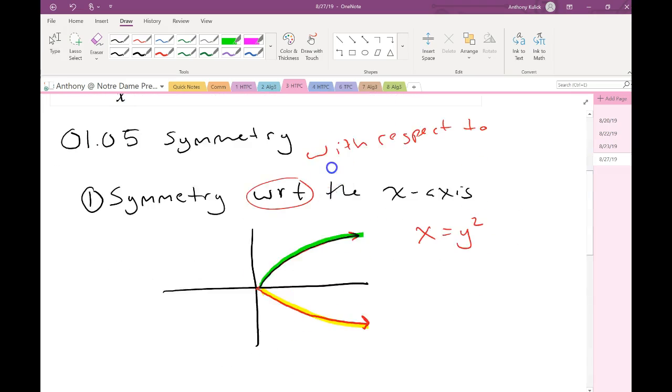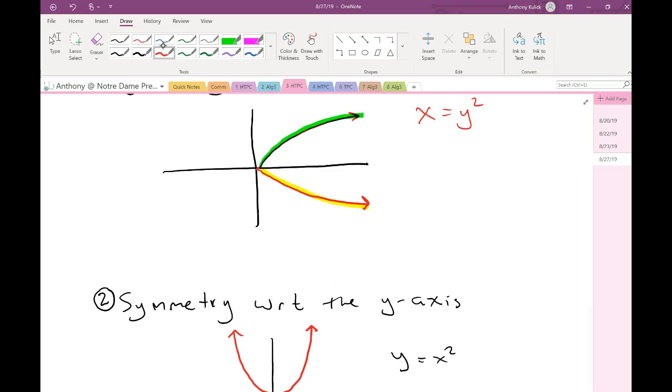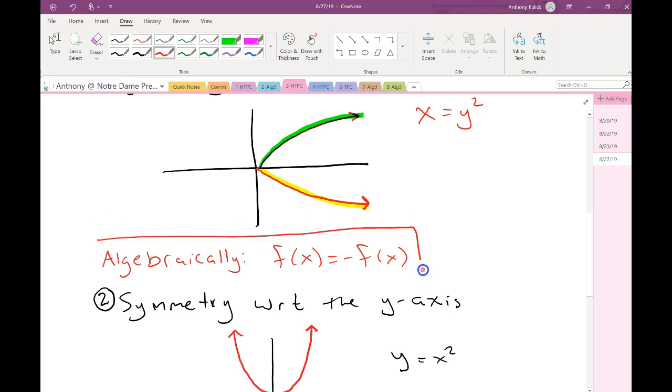So if I go back to the reflection across the x, algebraically, that would mean that f of x equals negative f of x. So I could use that to check to see if I actually have that kind of symmetry.